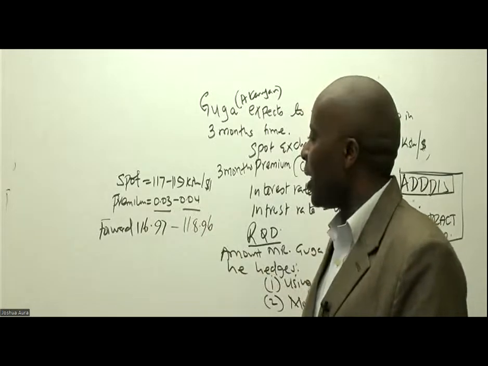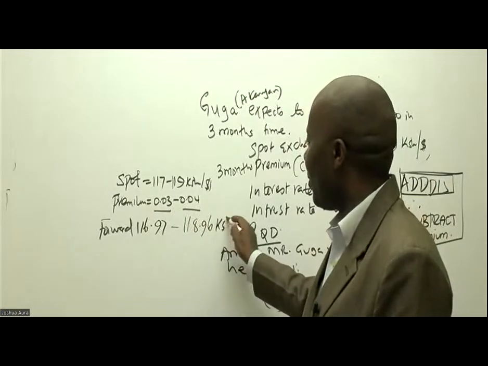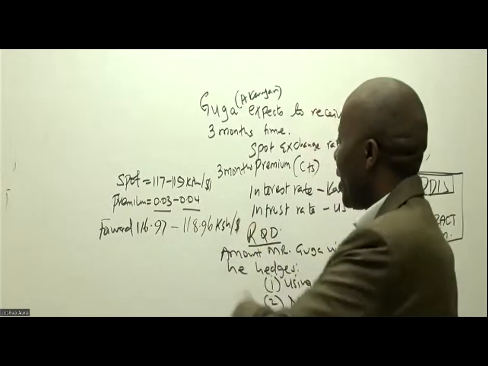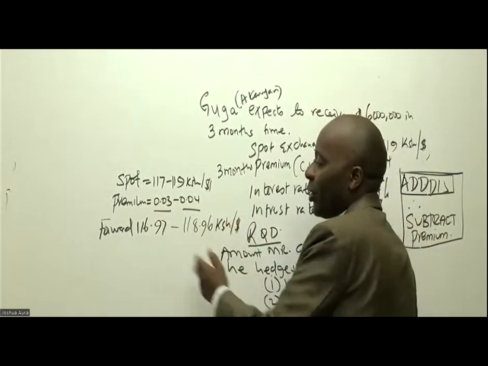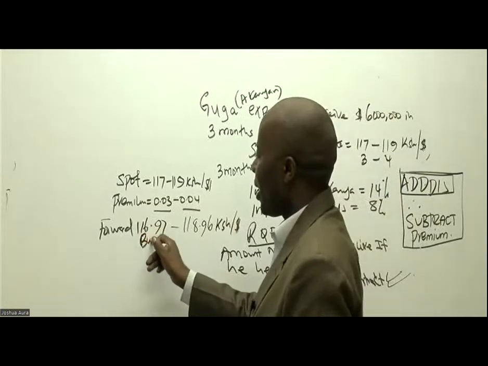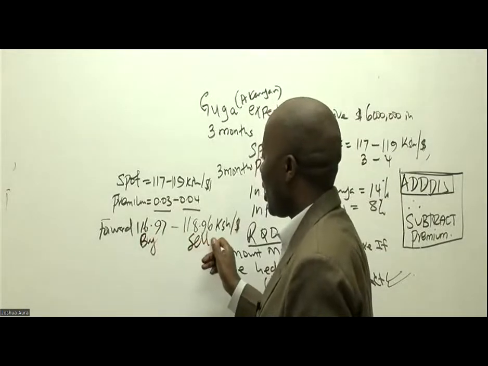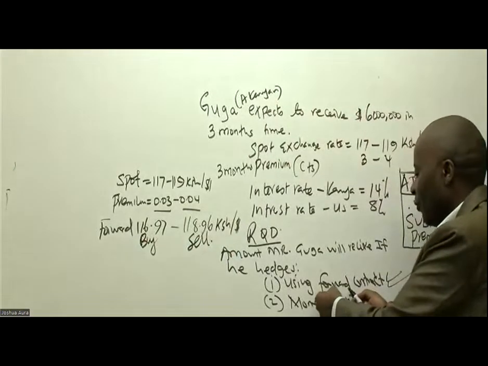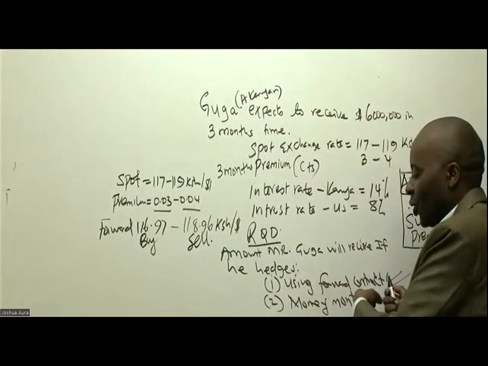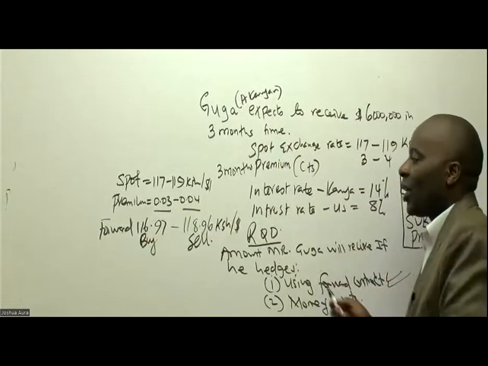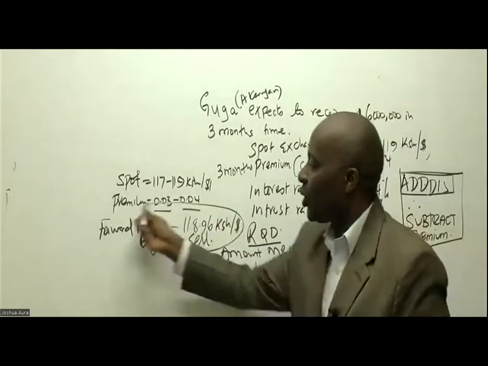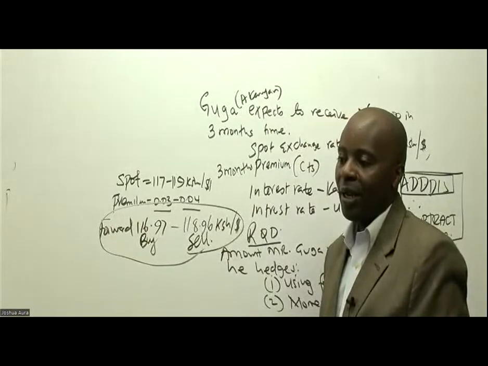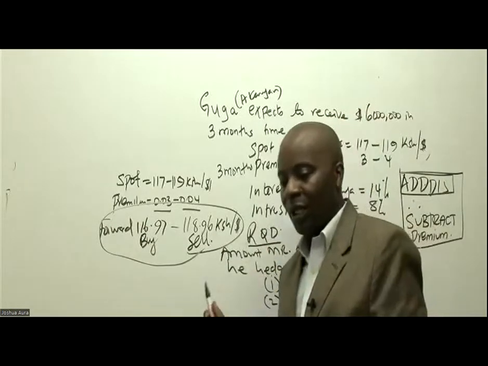Remember Guga is a Kenyan, Kenya shilling currency is on this side. So this becomes buy, and this becomes sell. And because he is hedging in the forward market, a forward market hedge, we're going to use this as the forward exchange rate.